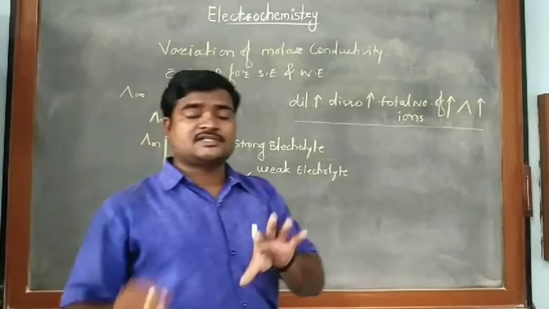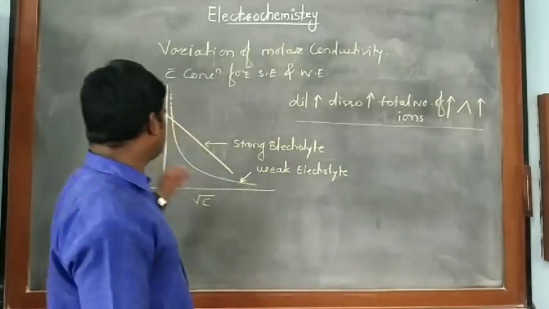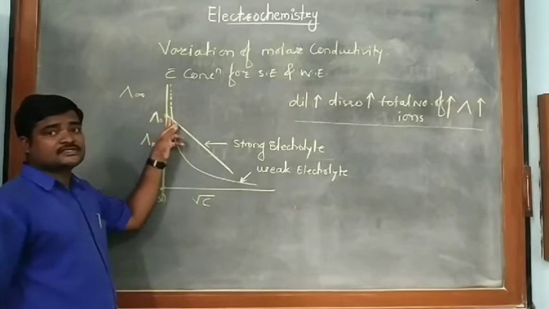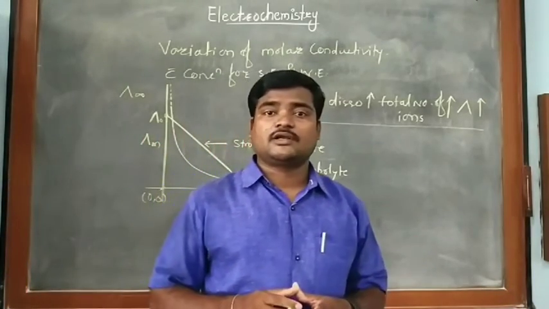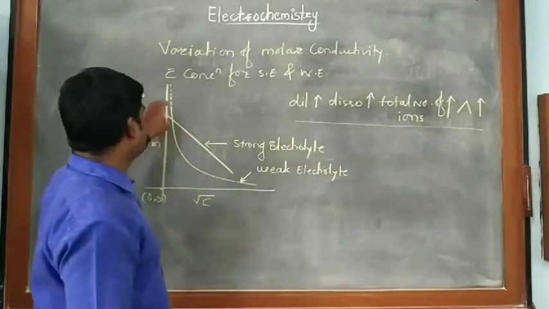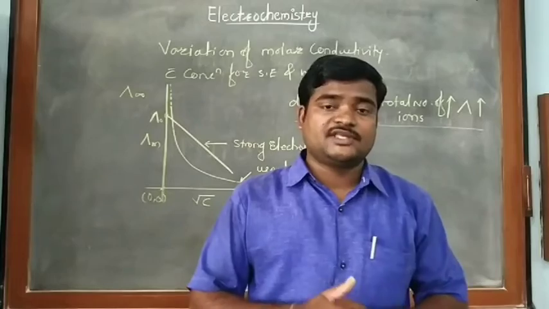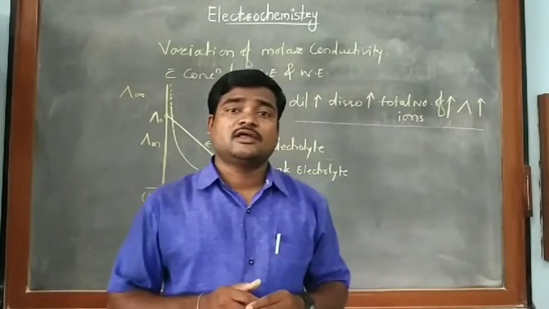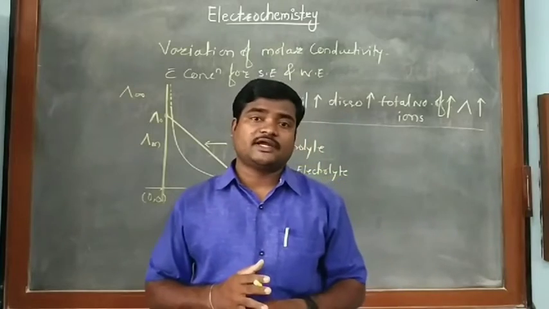If it dissociates, means 100% dissociation takes place, then it will touch the y-axis. But weak electrolytes will not dissociate completely, so it will not touch the y-axis at any limiting value.